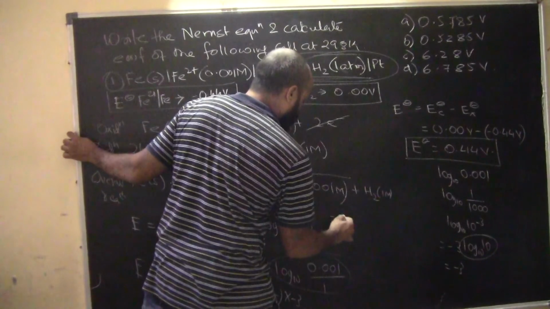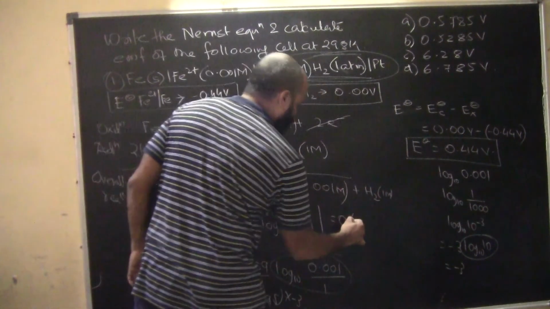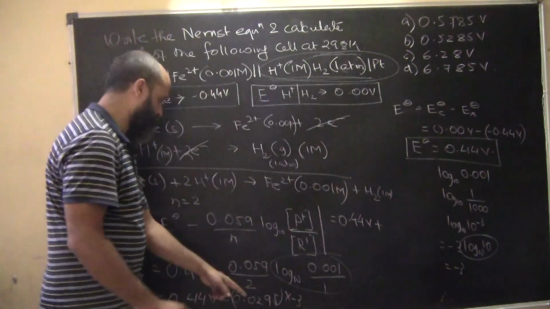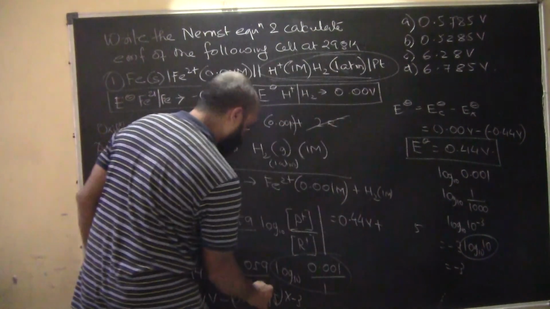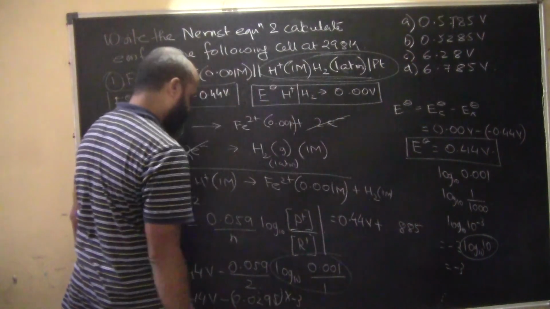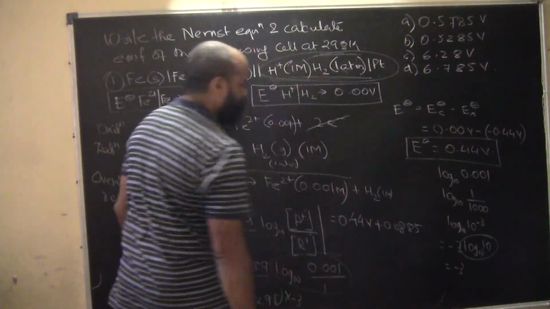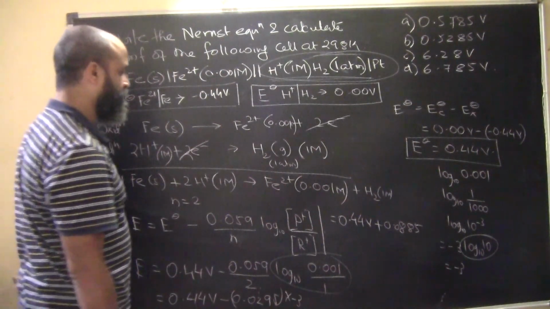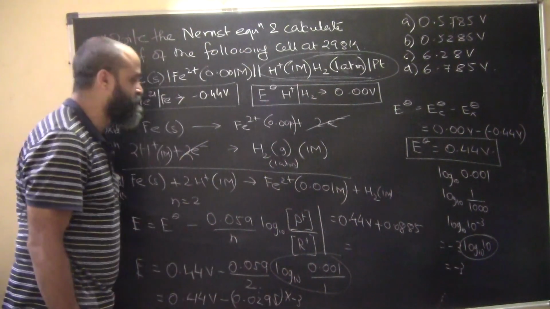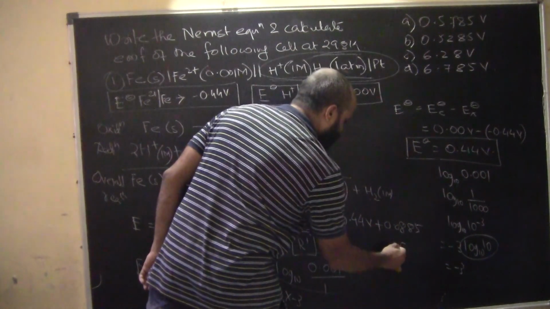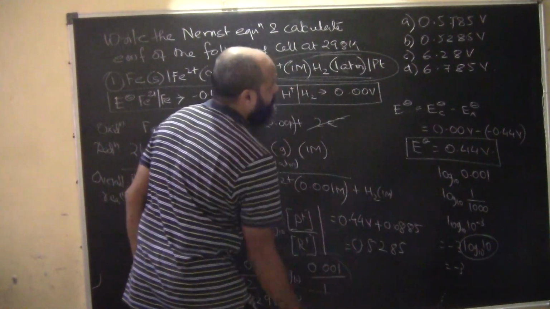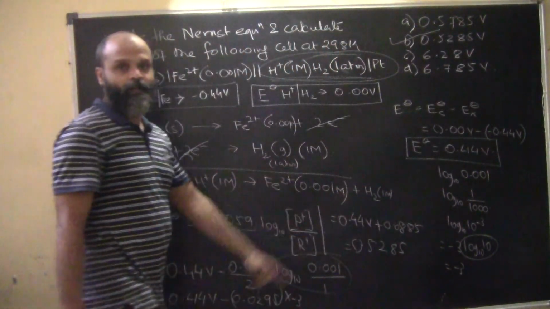This will be equal to 0.44 volts, and this will be plus, since minus into minus becomes plus. Calculating, 0.059 times 3 divided by 2 is 0.0885. So let's add them up: 0.44 plus 0.0885 gives 0.5285 volts. This one is the answer. I hope this is clear.